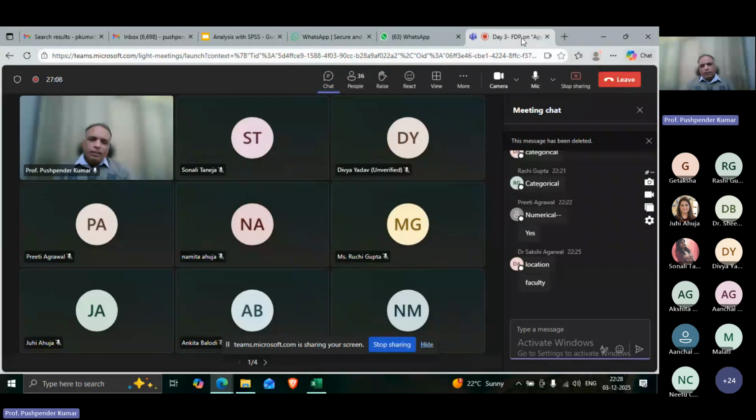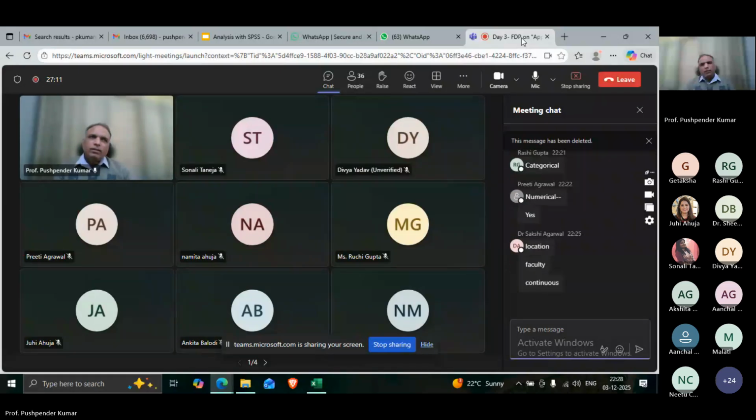To check the normality of the data, should I take a categorical variable or a continuous variable, or both? Tell me in the chat box, everybody. Please, a quick response, everybody.